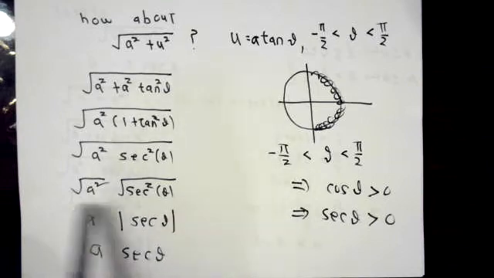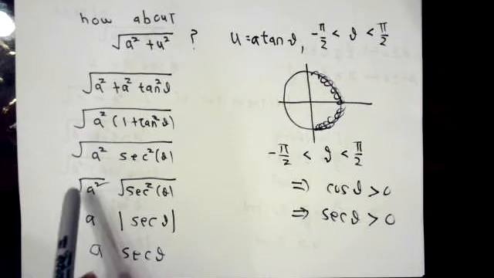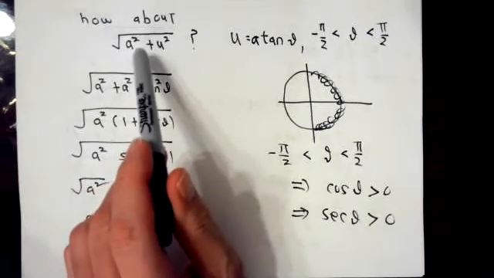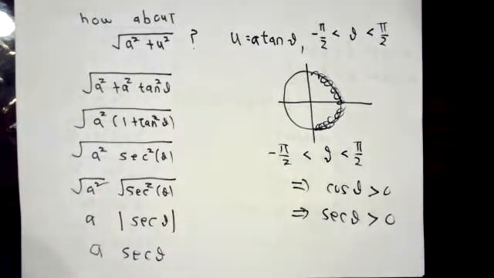I can break this up into two square roots to look at. We presume that the a is positive. You might think, what if it's not? Well, a shows up only as a squared, and negative 7, when you square it, is the same as when you square 7, so it doesn't make any difference.